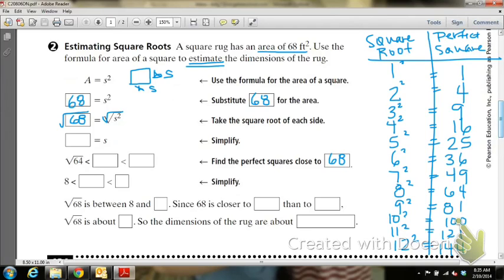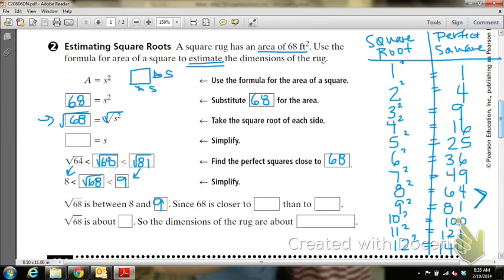Okay, so 68 falls between these two numbers. So the square root of 68 is going to be between the square root of 64 and the square root of 81. Well, the square root of 64 is 8, the square root of 81 is 9, so that means my answer is going to be between 8 and 9.